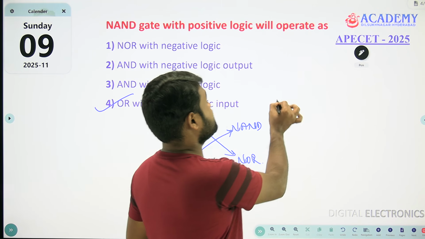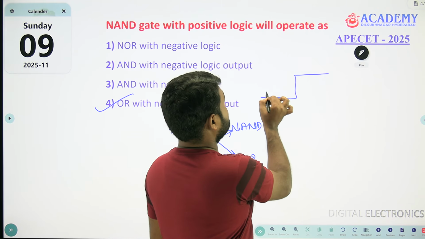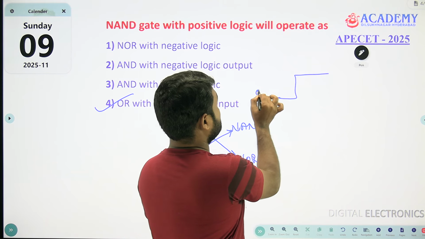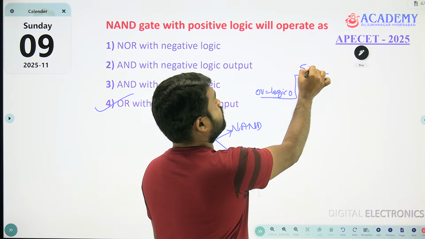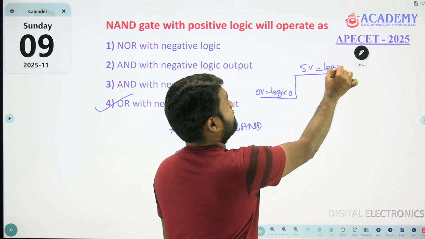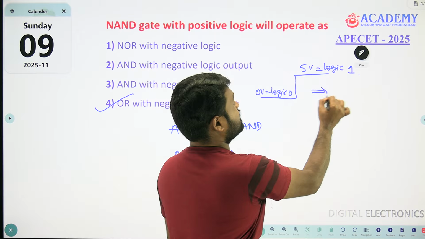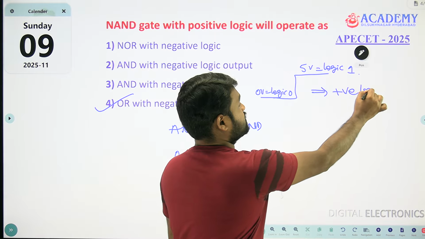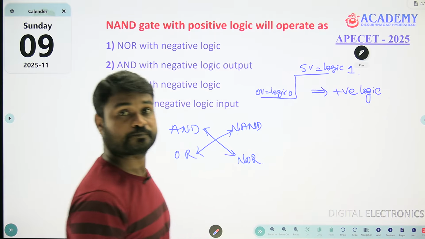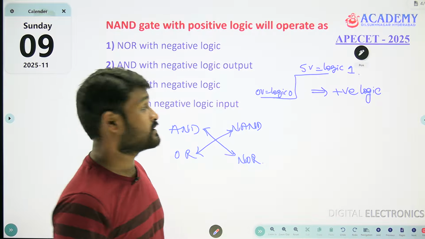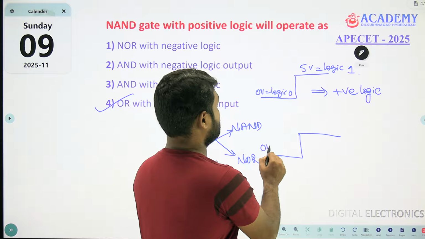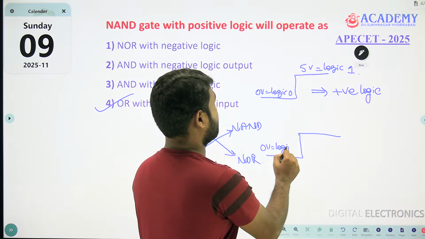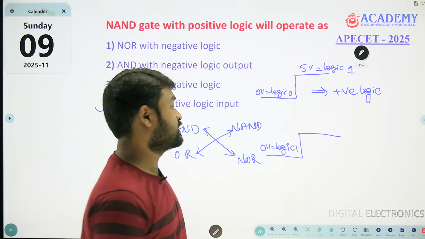Positive logic means 0 volts is logic 0 and 5 volts is logic 1. This is what we call positive logic. Then what is negative logic, sir? Basically the same, but 0 volts is logic 1.